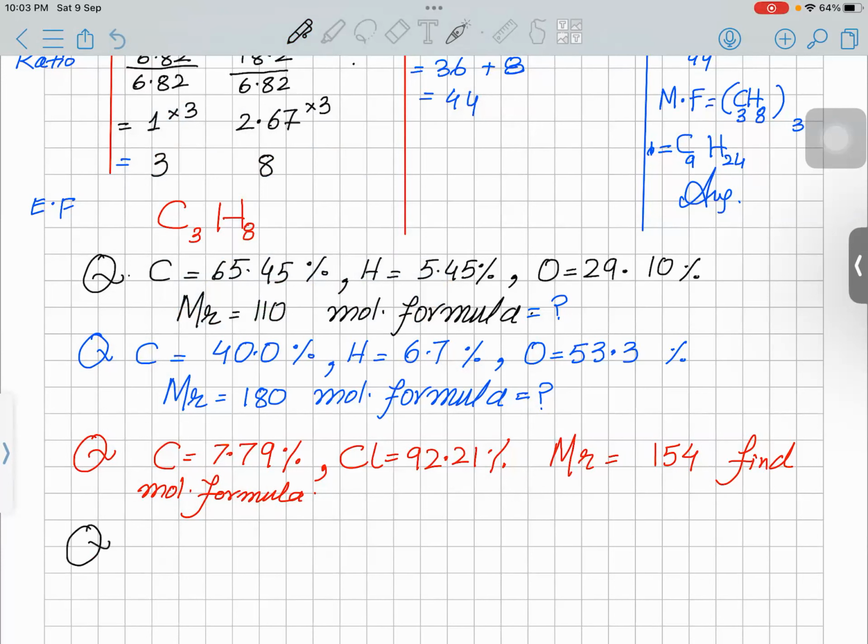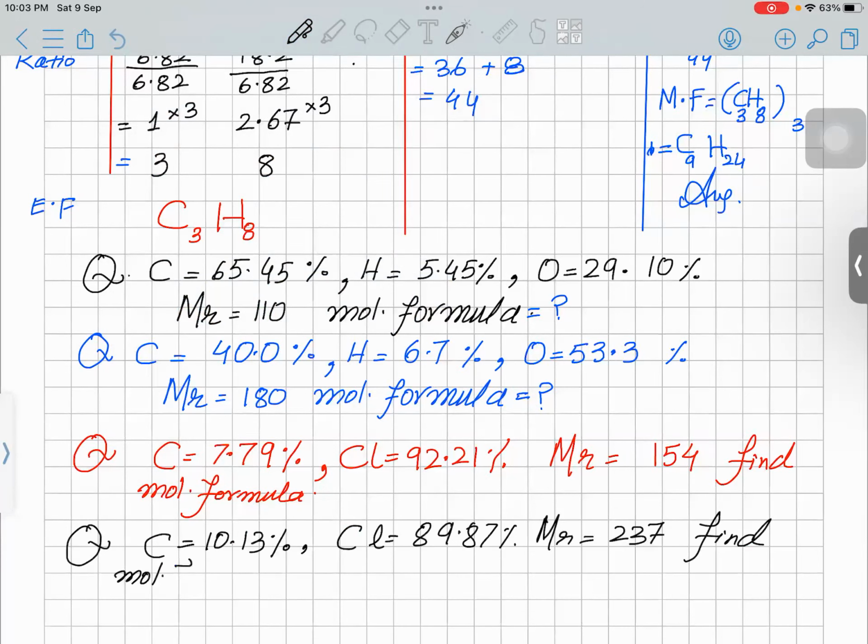Next question. Carbon is 10.13%, chlorine is 89.87%. MR is 237. Find the molecular formula.